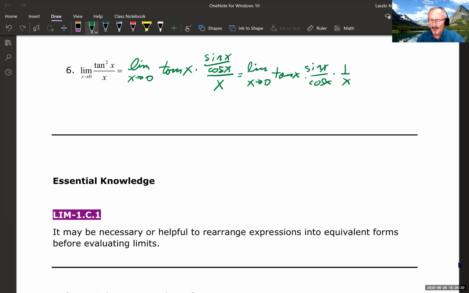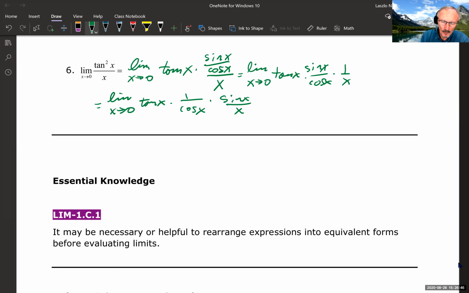I think you see the light at the end of the tunnel now. So all of a sudden you have the limit as x approaches 0 for the tangent of x times 1 over the cosine of x. So this is like a dance. We're rearranging. And then we have the sine of x over x.